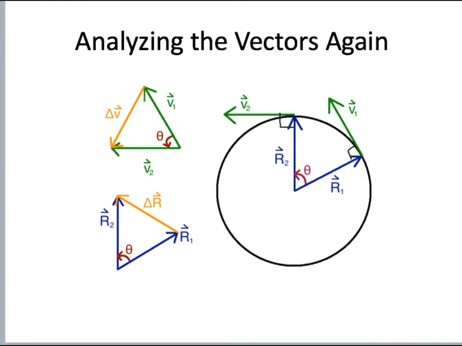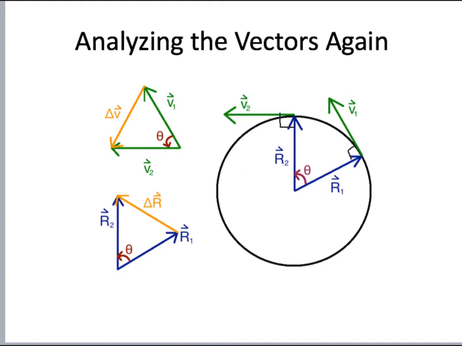And so what that means is, if this guy tilts up an angle theta, this V1 has to tilt down that same angle theta. Hopefully that's clear, because it means that the angle between V1 and V2 has to be the same as the angle between R1 and R2.